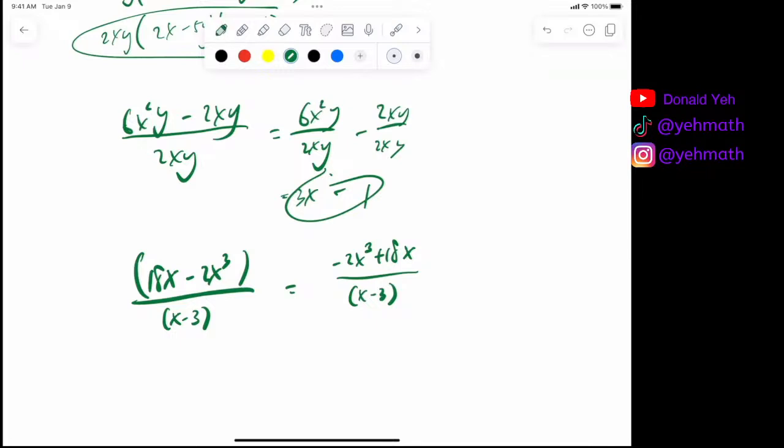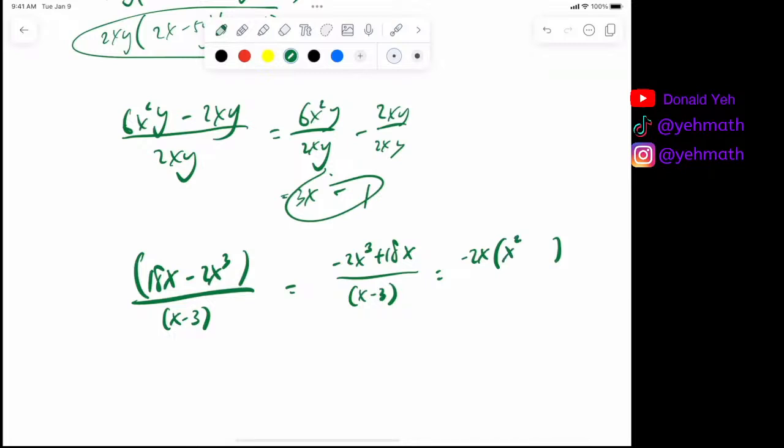Sarah, do you know what I can factor out here? For the numerator, you can factor out 2x. You are not wrong. You just need one more thing. Negative 2. Oh, good. Negative 2x. There we go. So now you can factor out negative 2x times what?